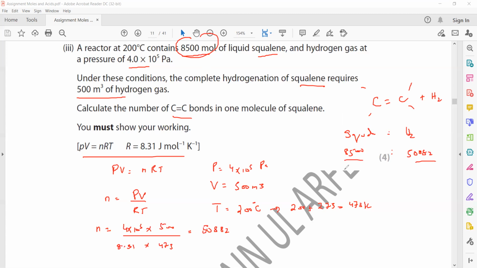We'll divide by the smallest value, 8,500. So this will be 1 and this will be 6. So it means 1 mole of squalene reacted with 6 moles of hydrogen. So if 6 moles of hydrogen are there, how many double bonds are present in this squalene? It contains 6 double bonds.